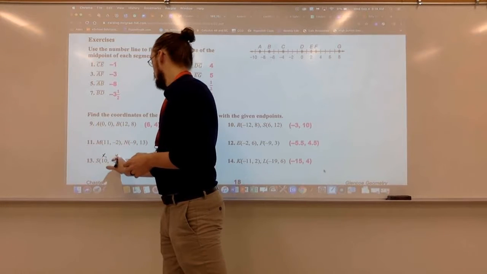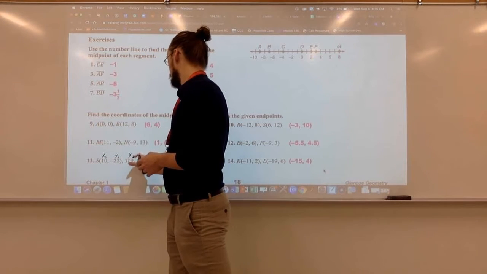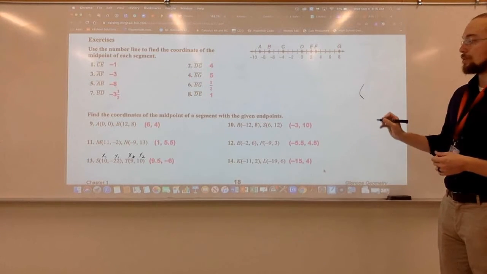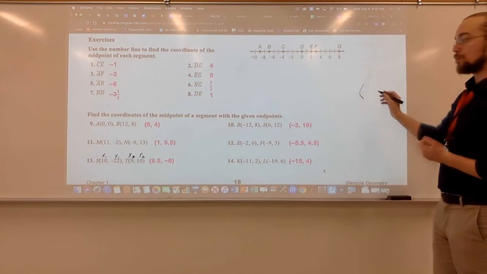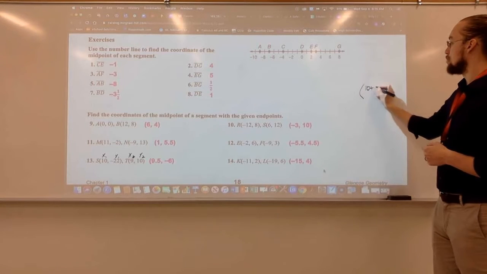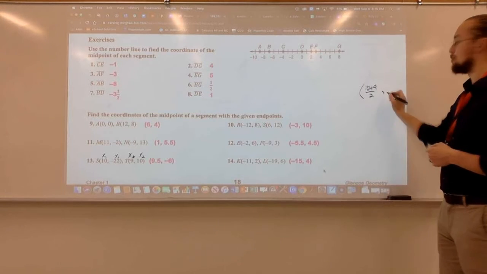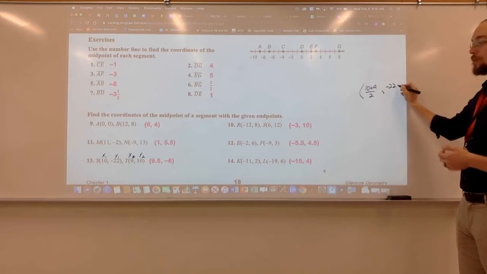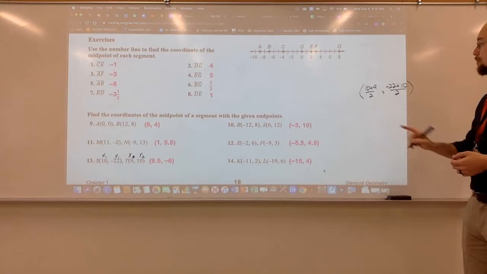Alright, so we can label our points if we want, but then we're just taking the average of the x coordinates, so I'm going to add them together. So my two x's are 10 and 9, so I'll do 10 plus 9 divided by 2. And then my y coordinates, I will do -22 plus 10 divided by 2.